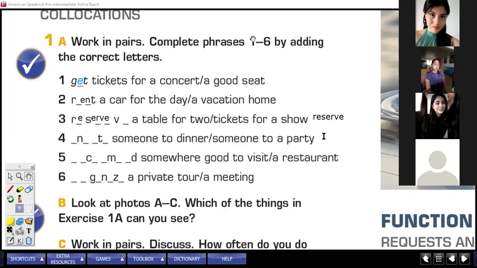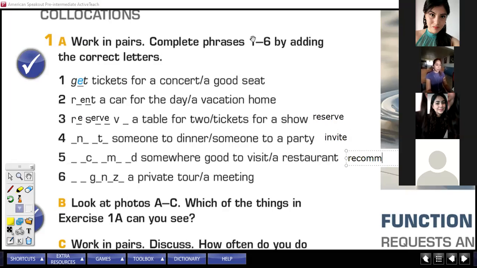Number 4. It's a person. You call a person and you... we say invite. Invite someone to dinner. Number 5. Recommend.